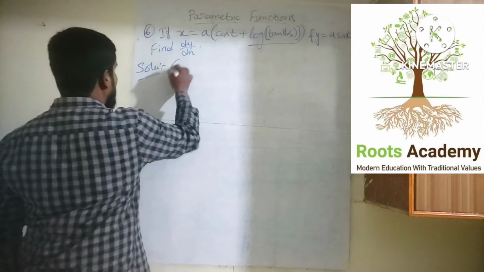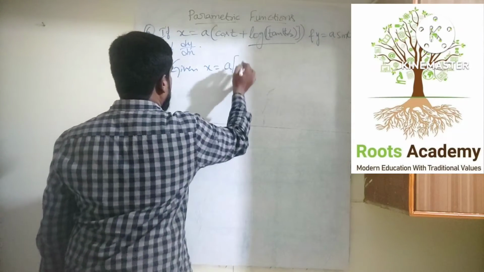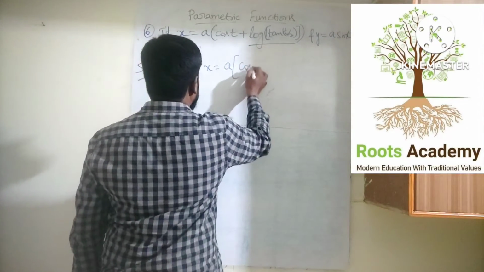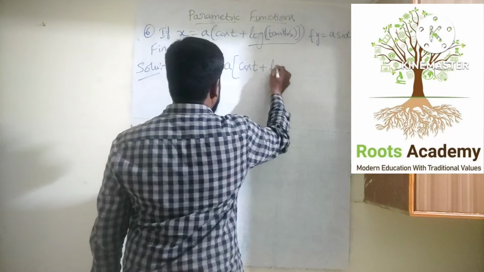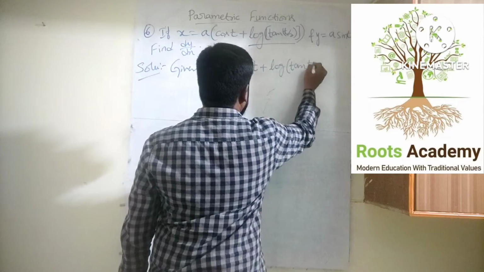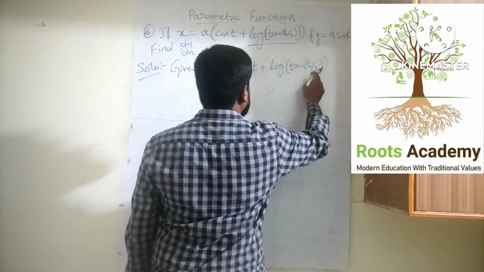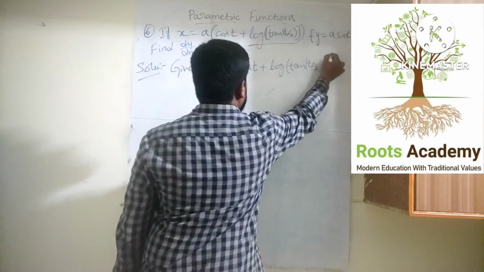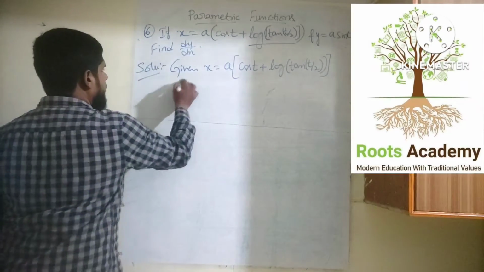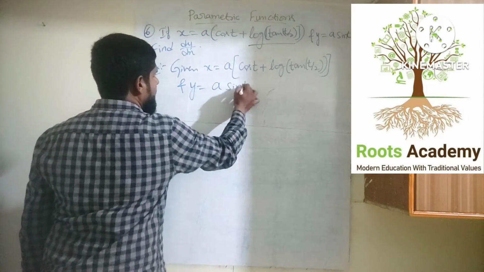Solution. Given x is equal to a bracket cos t plus log bracket tan t by 2 close the bracket and y is equal to a sin t.